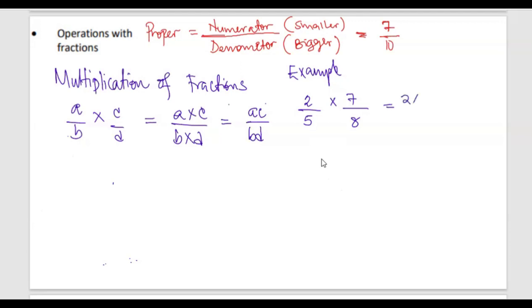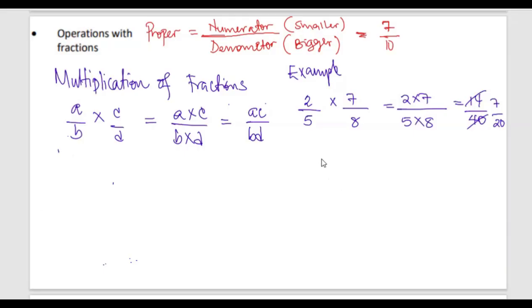This will become 2 times 7 over 5 times 8. We are multiplying fractions. So the final answer here will become 14 over 40. You can simplify it. By 2, you get 7, and by 2, you get 20. Your calculator will give you that as the simplified answer.